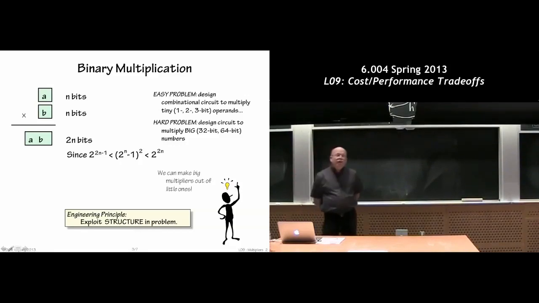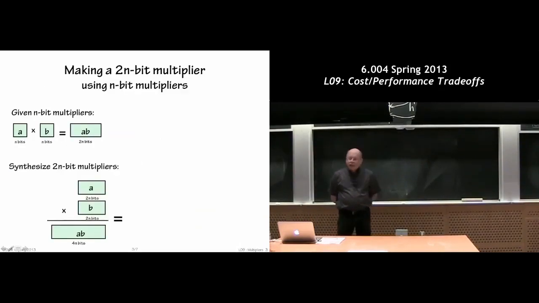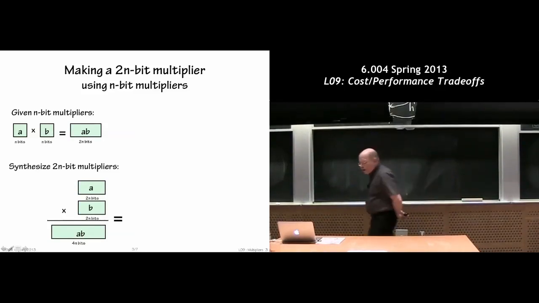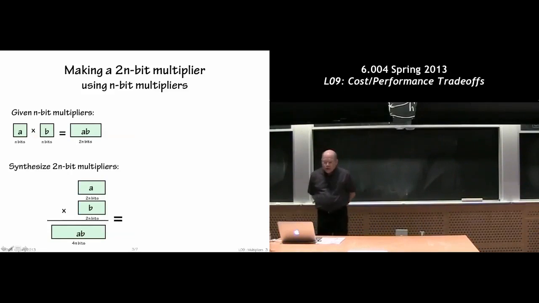Okay. So the first thing we're going to do is spend some time thinking about the structure of multiplication and see if there's some way of dealing with it that allows us to decompose a big problem into a collection of smaller problems. If I can do that, then I can try to make myself a set of tinker toys that I can plug together in a hierarchical fashion. So let's suppose that we have n-bit by n-bit multipliers here.